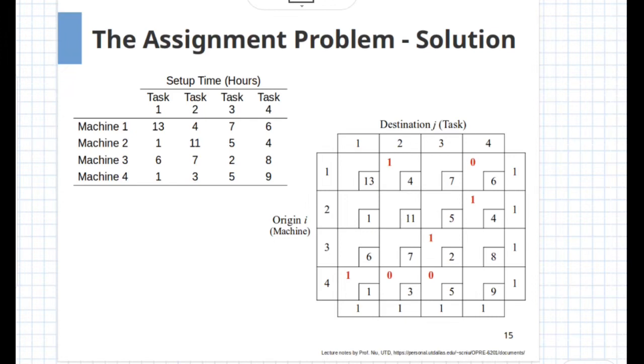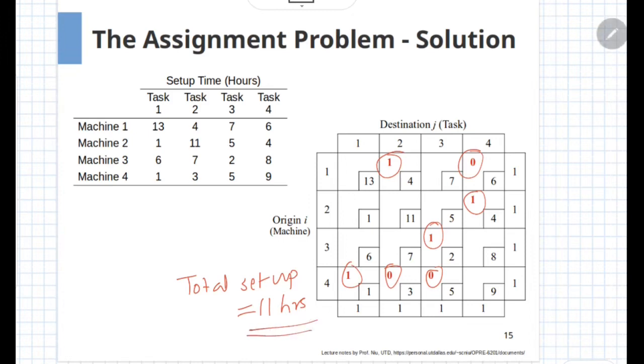The final solution to the current assignment problem is given in this tableau. The solution given here has a total setup time or cost equal to 11 hours, which is less than the 12 hours we estimated manually earlier. So this is the least time that is required for this particular problem.